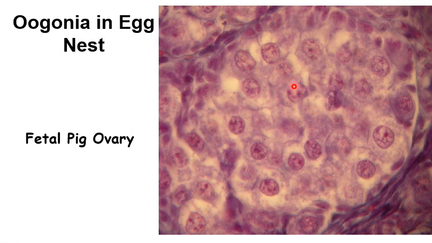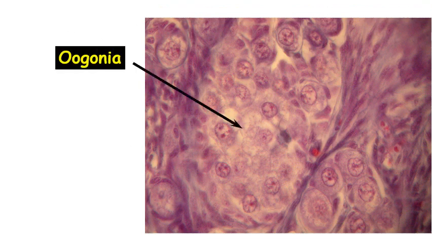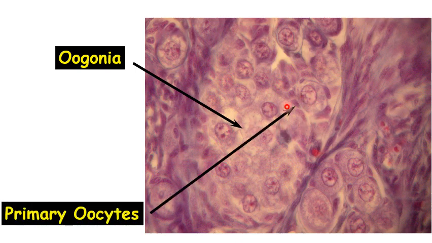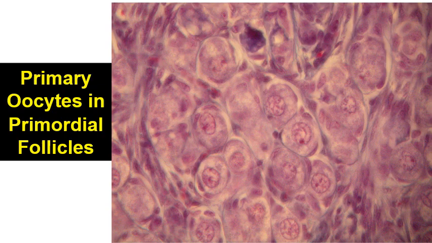Under the microscope, these are the oogonia that divide mitotically in the fetal pig ovary. As the oogonia become surrounded by follicle cells, they change into primary oocytes, and they begin to enter meiosis but become arrested at this point. These are the primary oocytes in the primordial follicles.